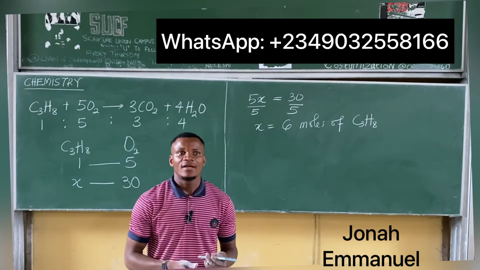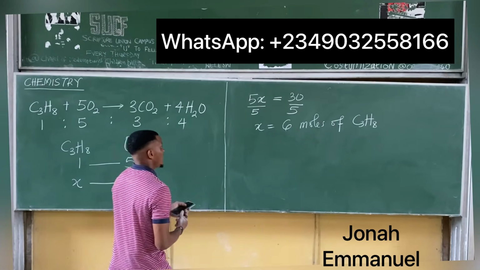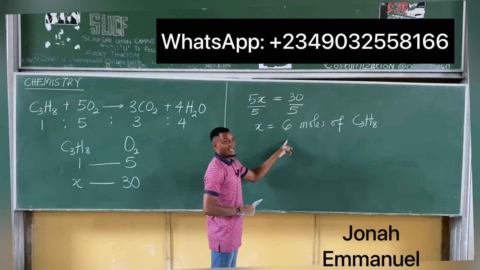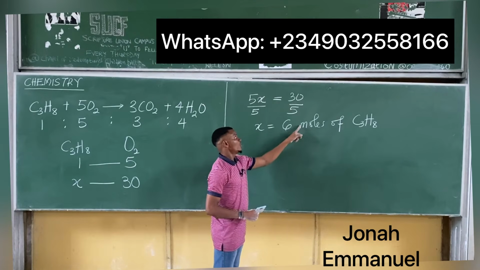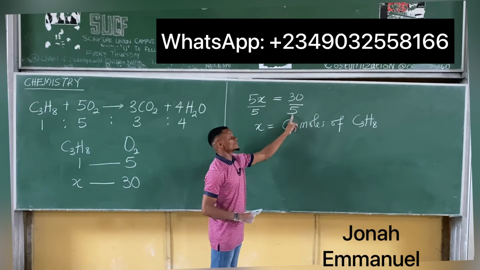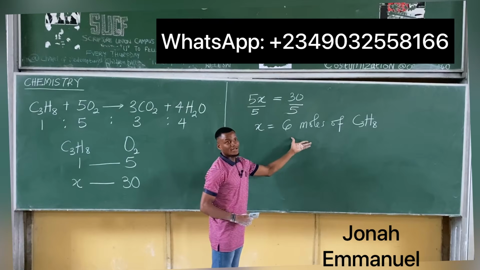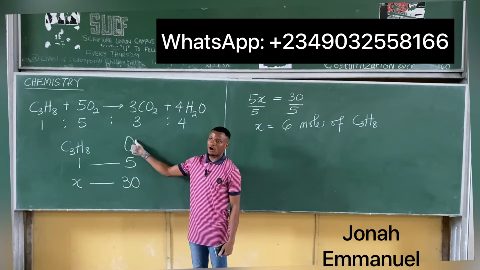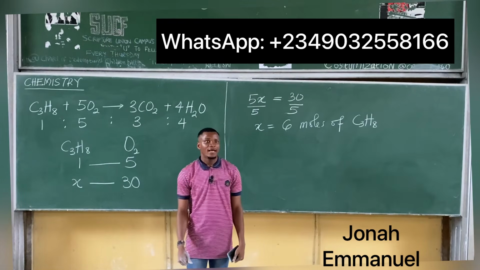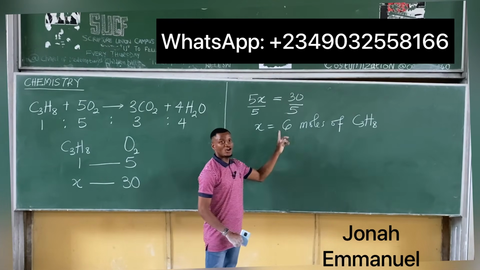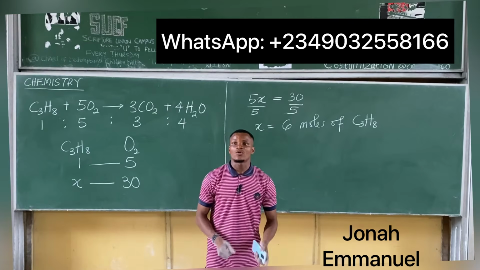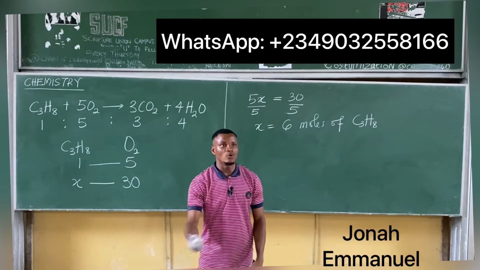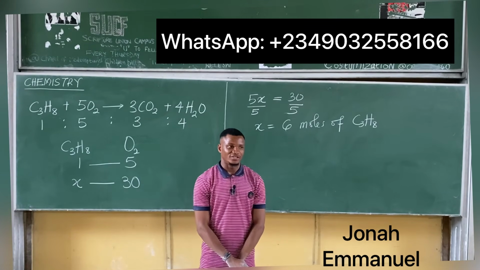So take down, please. Hence, only 6 moles of propane is required to react with 30 moles of oxygen.